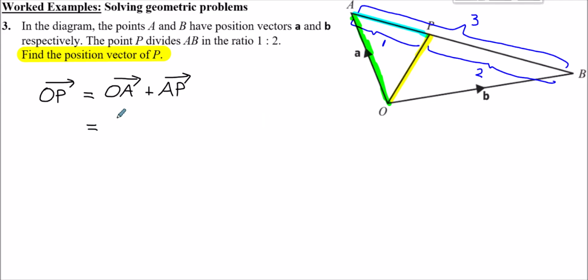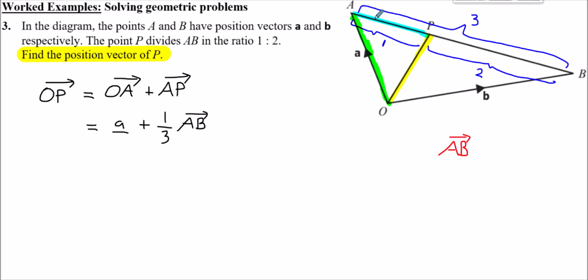So from O to A, by the way, we're going to give this answer in terms of vectors A and B. Okay, so OA is A. Now from A to P, that's just 1/3 of the vector as we go from A to B. Now this A to B isn't in the correct form, it needs to be in terms of vector A and vector B. So let's just think about what vector AB is.